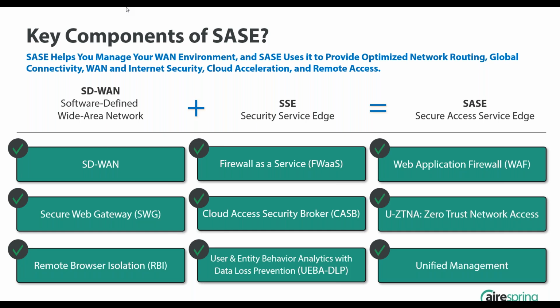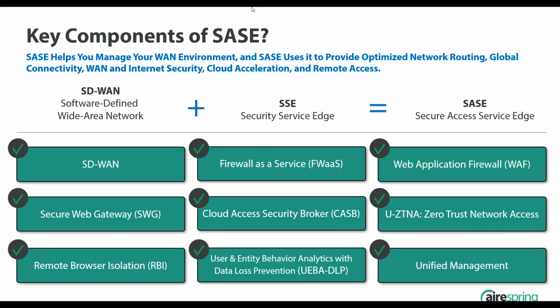Secure web gateway, the primary function of this is to secure internet traffic, right? So it protects against malicious websites or malware or cyber threats. And it provides filtering and inspecting in real time. So there's no lag in that, right?